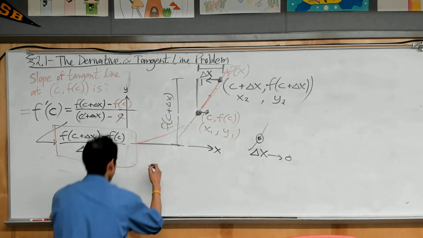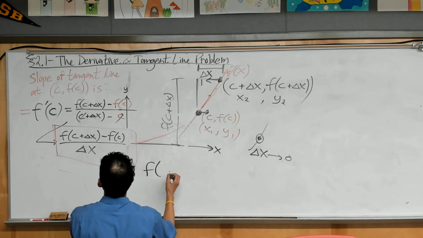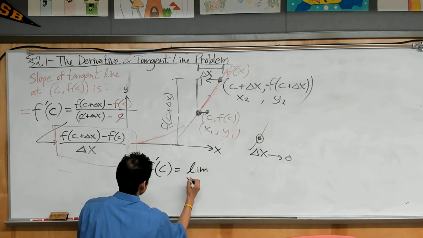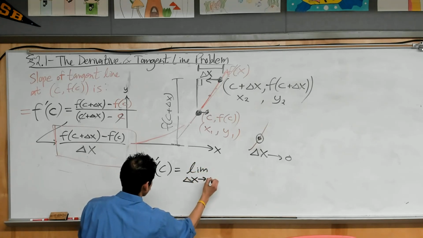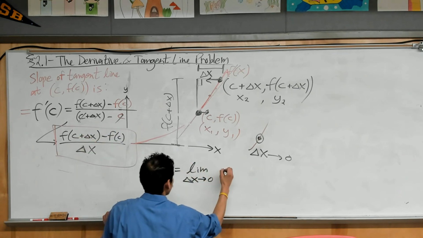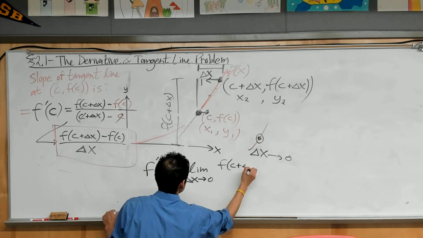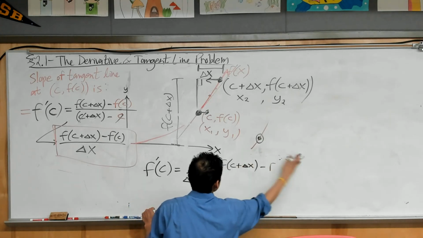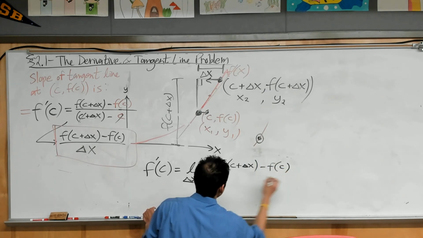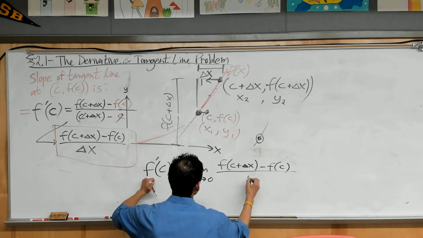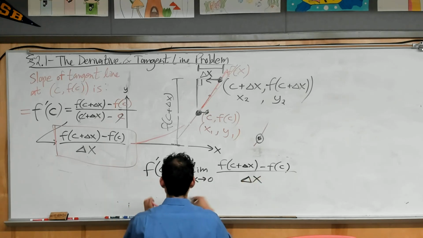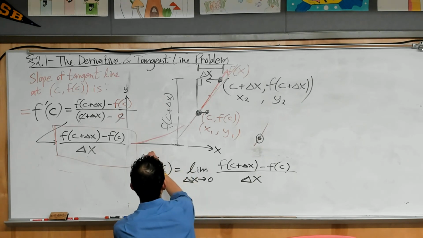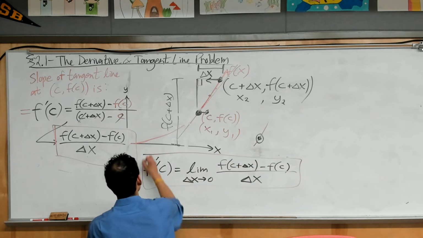The f prime of c is equal to the limit as delta x goes to 0 of f of c plus delta x minus f of c, all over delta x. There you go. I hope I did an okay job with that.